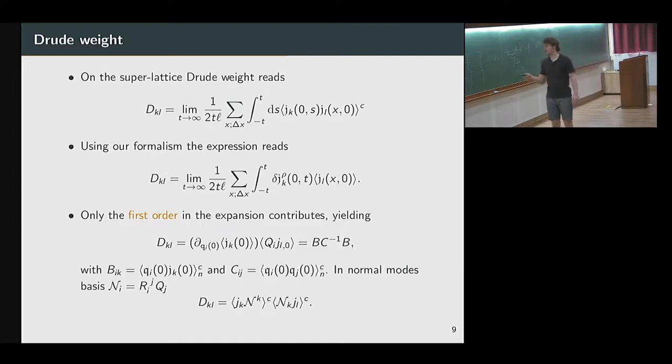Okay, and this normal mode basis is quite nice because in this basis, the Drude weight simply reads as follows. So it's just two-point correlation functions, and this C in the normal mode basis, one can show, is actually diagonal. So this is the result in a normal mode basis.